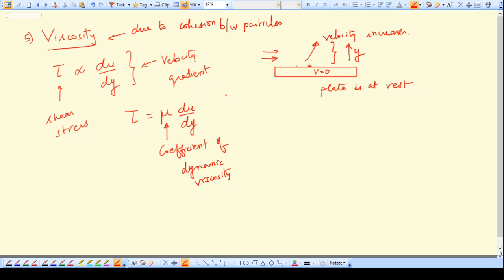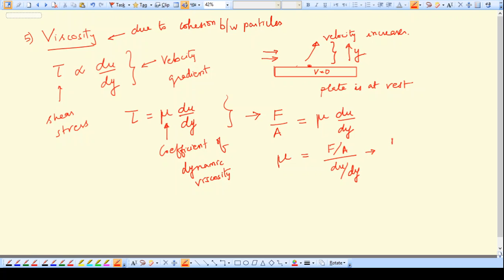You can rewrite this equation as follows. Shear stress tau is defined as force per unit area, and this is equal to dynamic viscosity into du by dy. To find the unit of dynamic viscosity, bring the dynamic viscosity to the left hand side: force per unit area divided by du by dy.